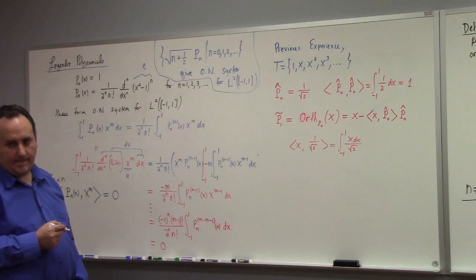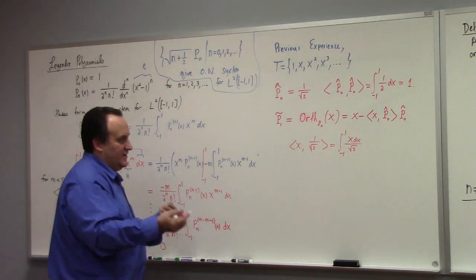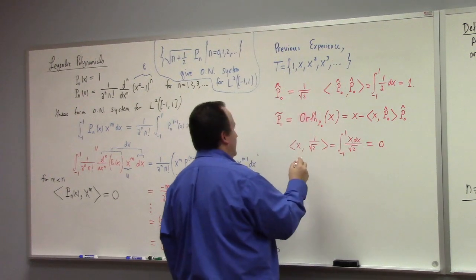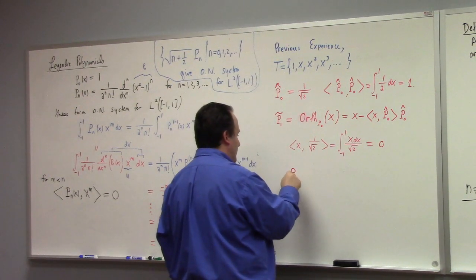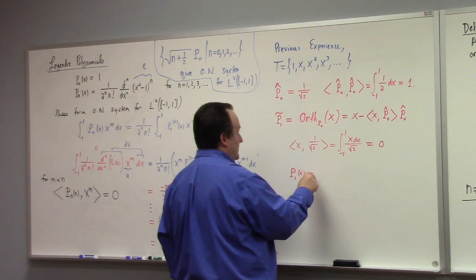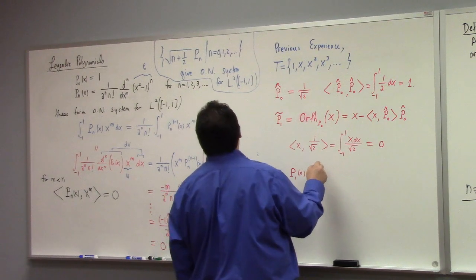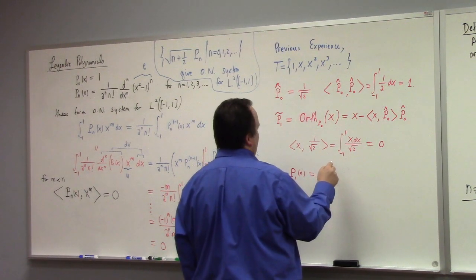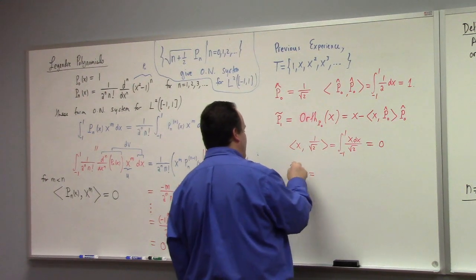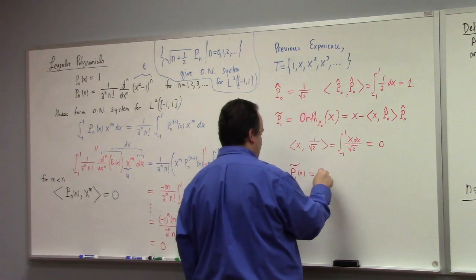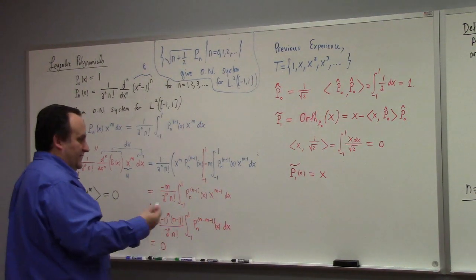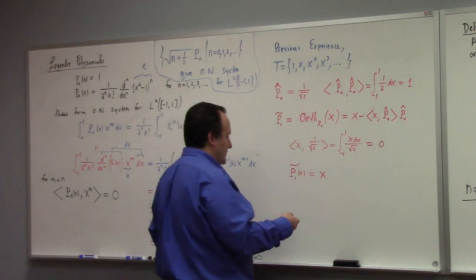I think this is 0. Yeah, it's the integral of an odd function. Yes, sorry, so this is 0. So I'm alleging that P1 tilde of x anyway is just equal to x. I'm not sure about the normalization yet. I can figure out the normalization, of course.